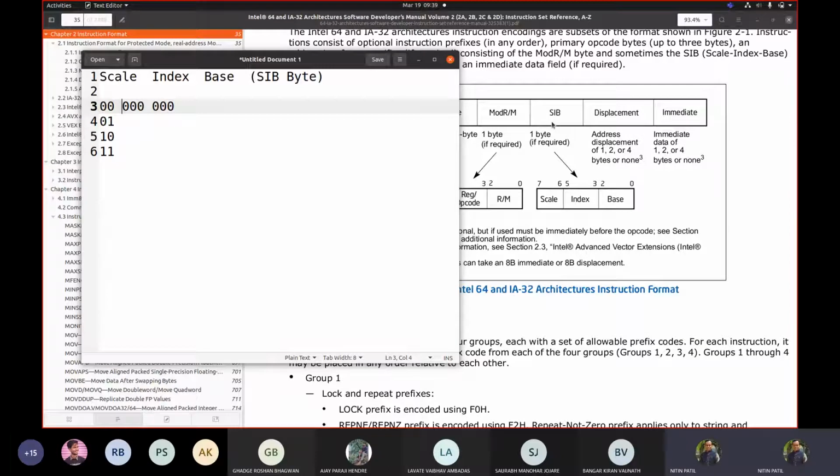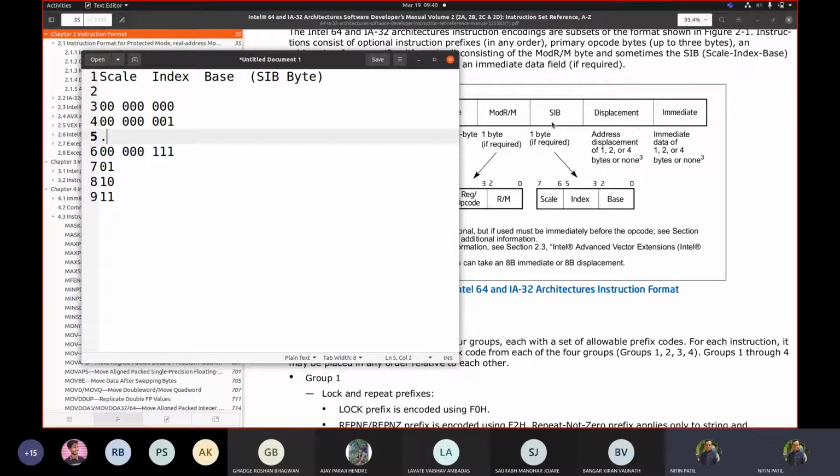So either you associate the memory location with a register, or you directly take that base address as it is. Like the way I referred to the array, I could have written it directly instead of ESI. If I don't write move ESI comma array, I could have written the array directly. Right. So most of the time the values would run from 0 0 0, 0 0 1, and so on, dot dot dot, up to the last value, 1 1 1.